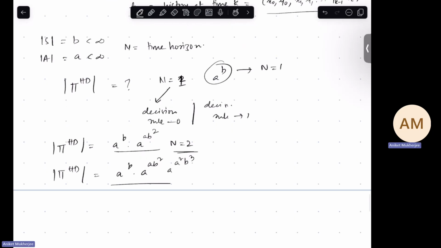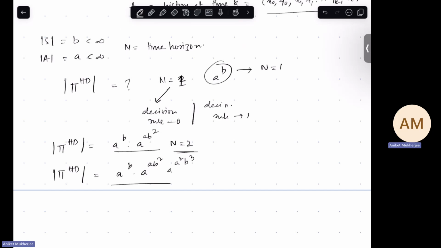So whatever the class of policies you choose, MD, RD, HD, whatever it is, the search space for all the policies is too expensive, and to write down all those policies, compute J star for each of them, and then find the optimal policy is a very hectic task. It's computationally very taxing.